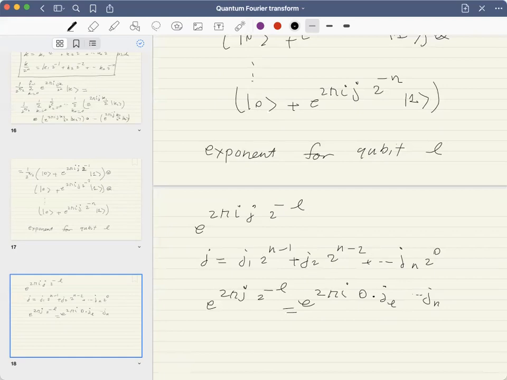And for the largest, it seems actually this should be n minus L plus 1.